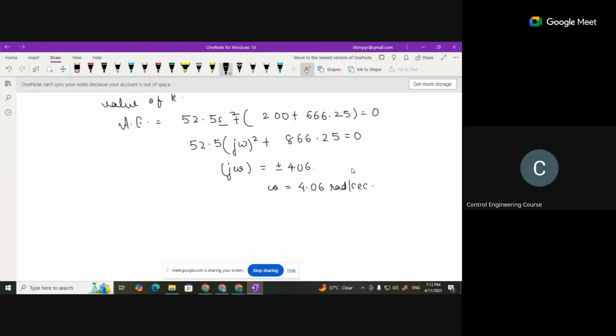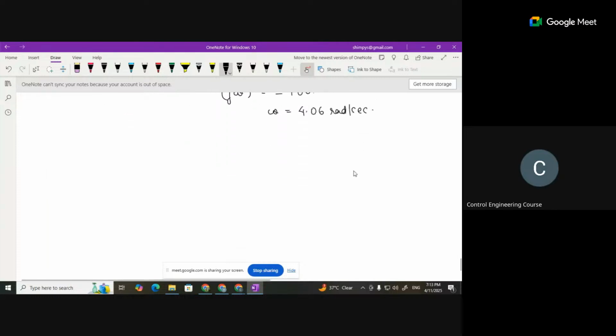Okay, so let us do a problem on state space equations. We are good up till here, right?